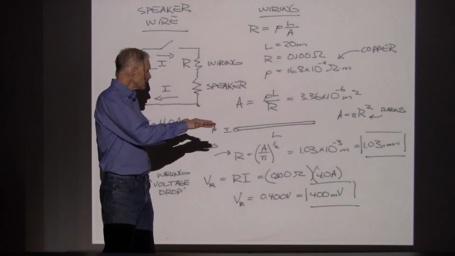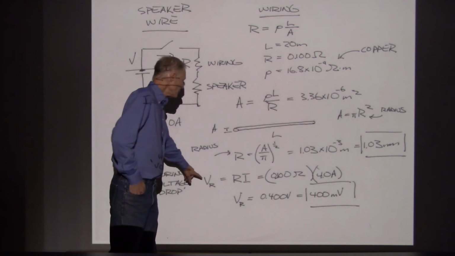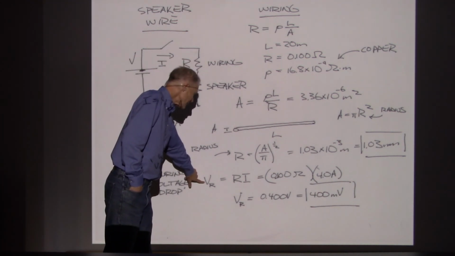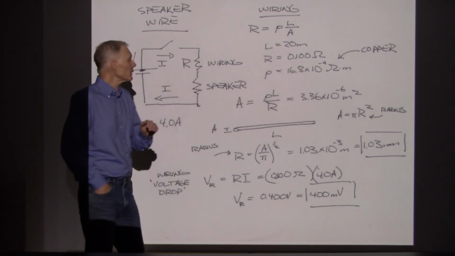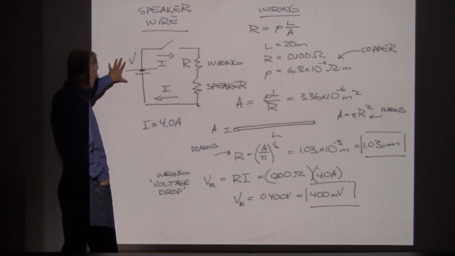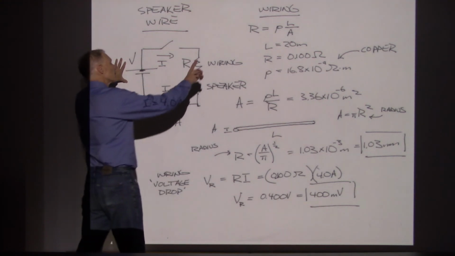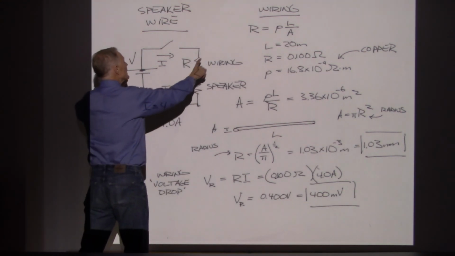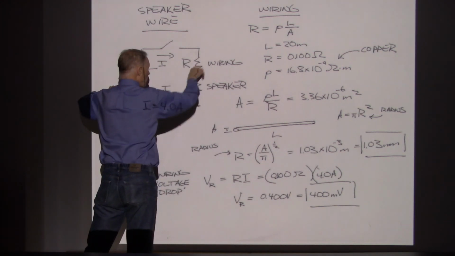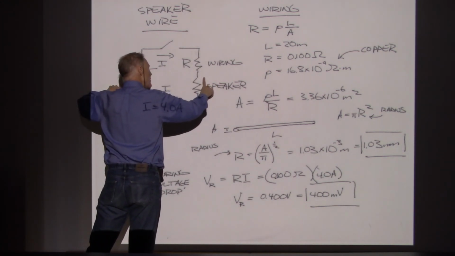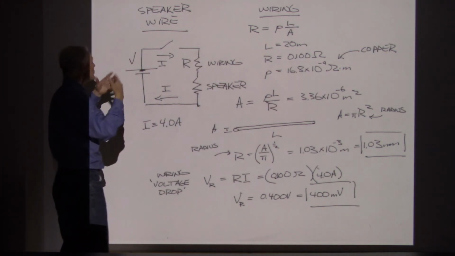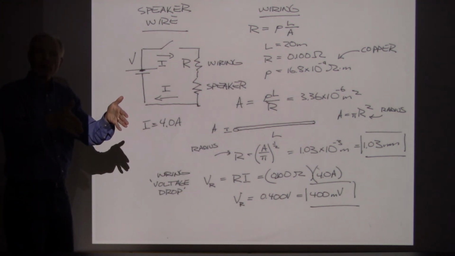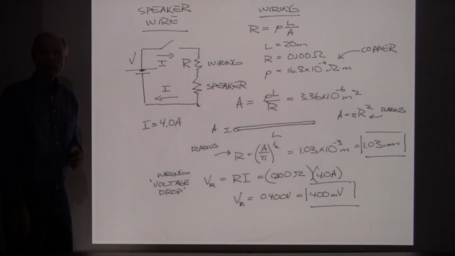So we're actually able to keep the resistance pretty low. Now, if I'm looking at the voltage loss along the wire itself, some of that voltage is going to get used up in the wiring. The wiring will heat up, and some of that voltage will get used by the speaker. So I want most of the voltage to be available to the speaker.